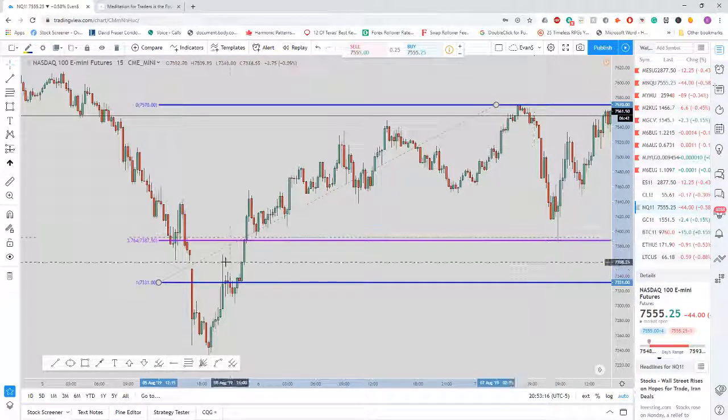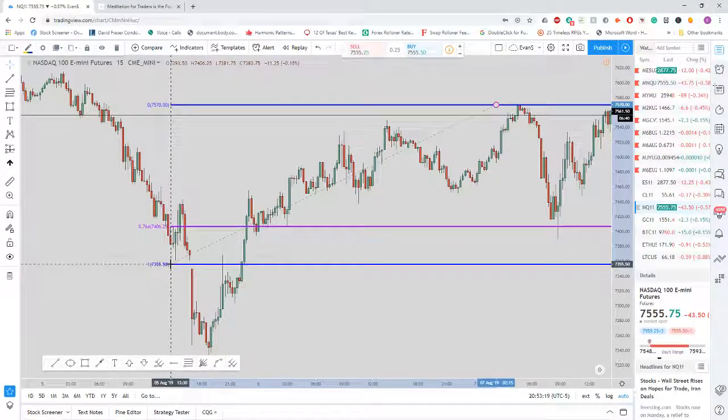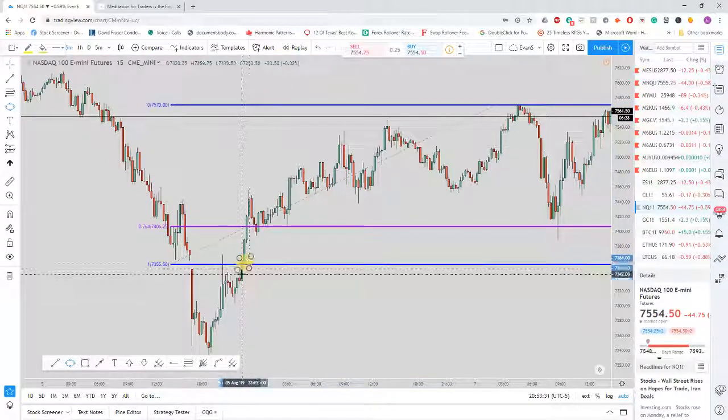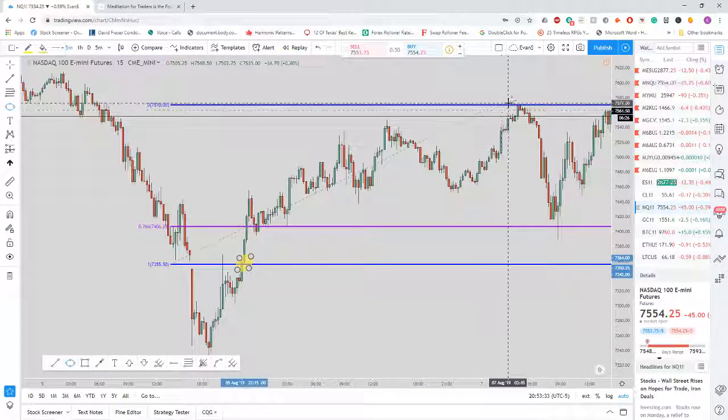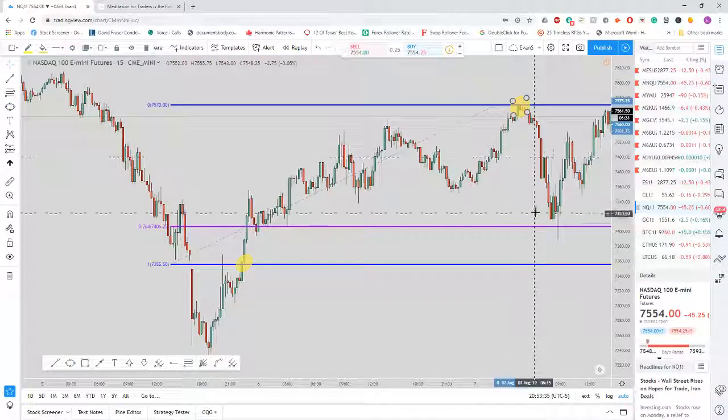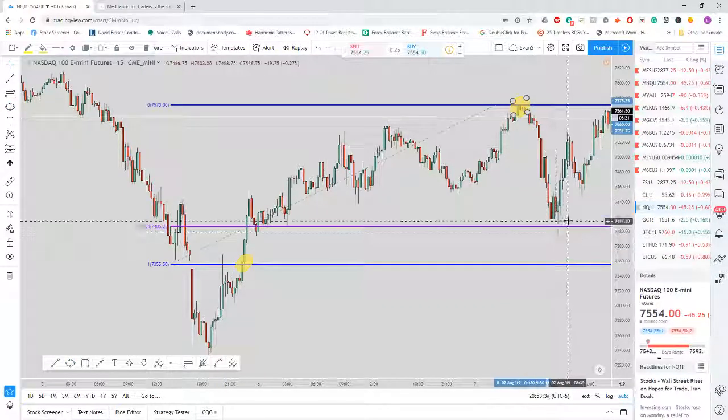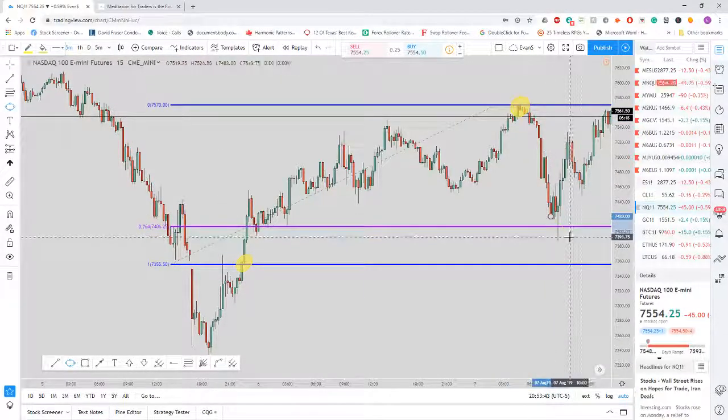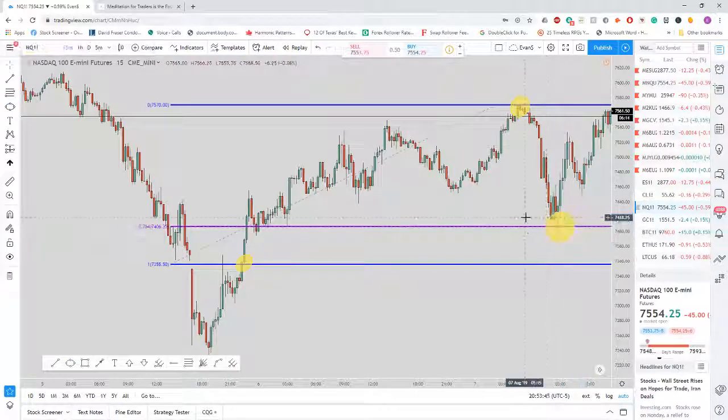Now it slightly missed that right there, so we'll go up one pivot point to right here, and using the low of that candle, that's going to be the pivot point low right here, and this is going to be the pivot point high. Then as you can see, price came down here at the 76.4% retracement level, that is going to be our swing point right there. So those are the 3 points we're going to use to draw the Andrews Pitchfork from.